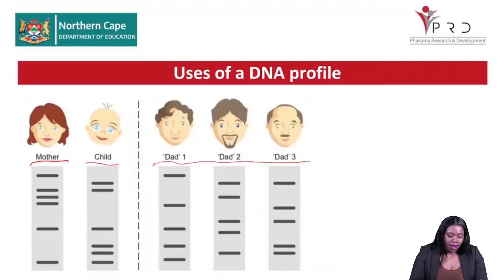Now, here we have the mother. Now, remember, from our knowledge of genetics and inheritance, we know that every individual contains genetic material from their mother and from their father, right?